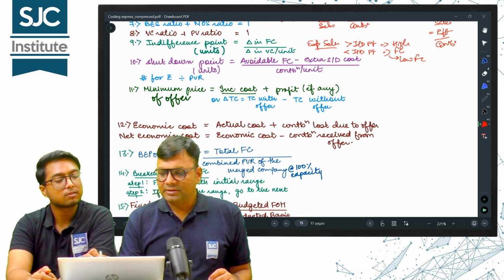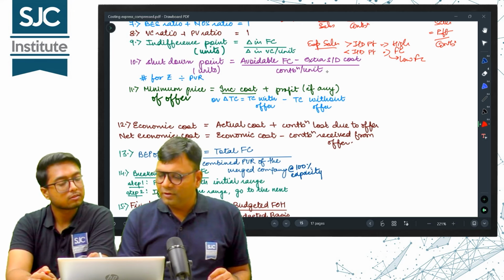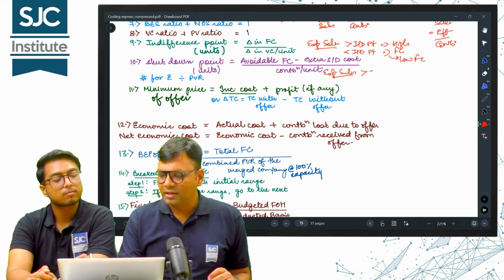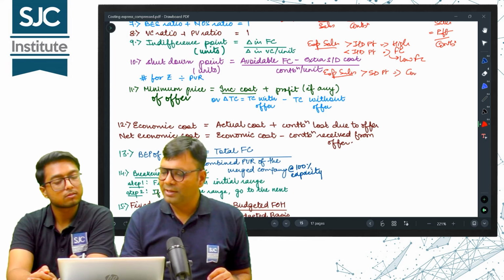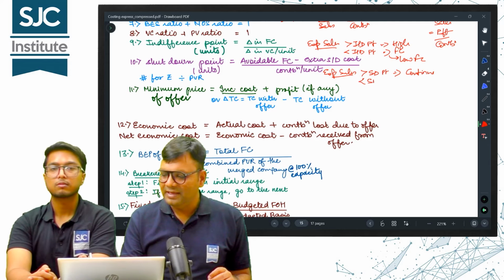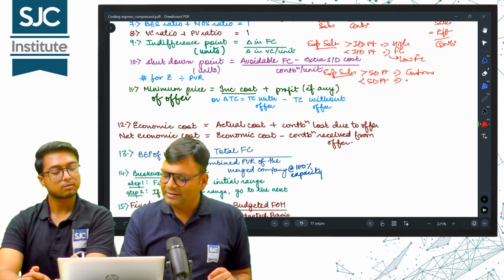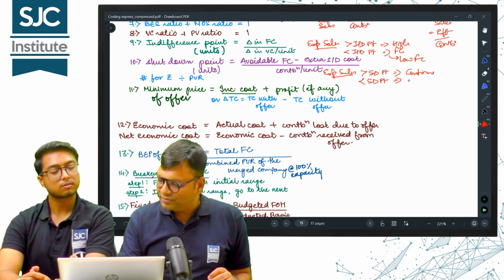The same interpretation follows here like indifference point. If expected sales is more than shutdown point, then the preferred option is to continue the business. If expected sales is less than shutdown point, then the preferred situation would be to shut down.